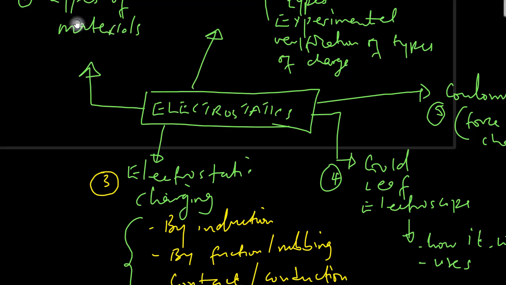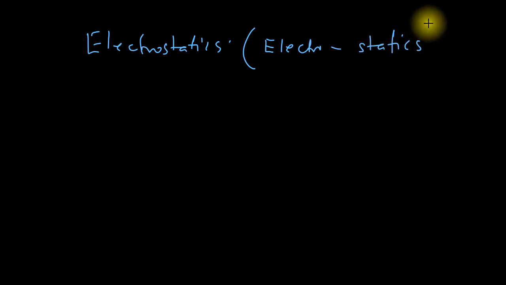Next, we now start to look at the types of materials. Before we look at the types of materials, let us first understand the word electrostatics. The word electrostatics can be broken down into two parts: electro and statics. These two words give us a broad sense of what we are going to be covering in this course.